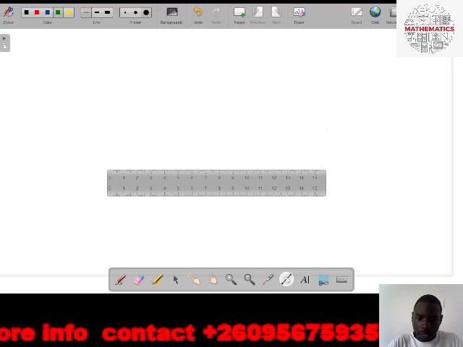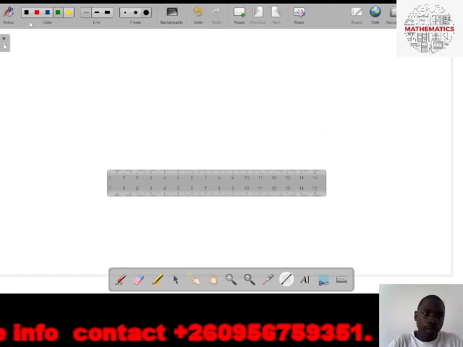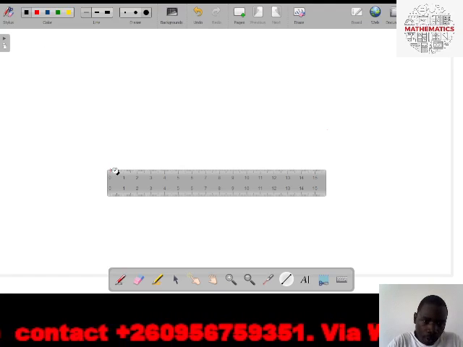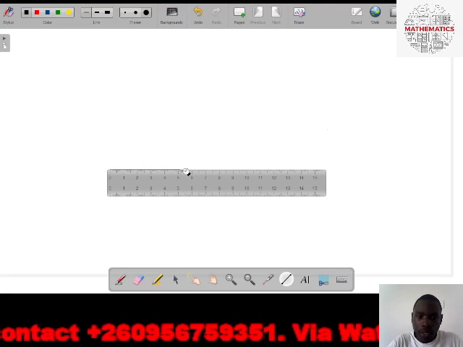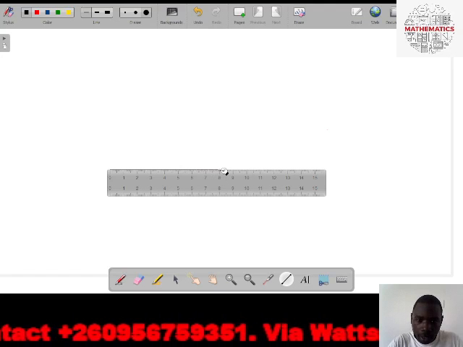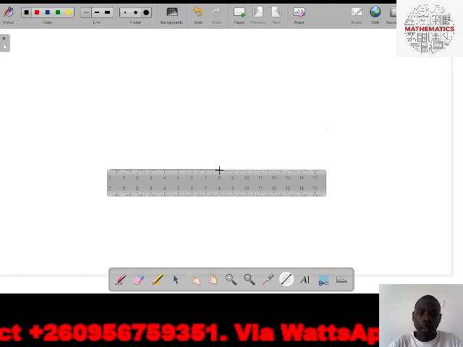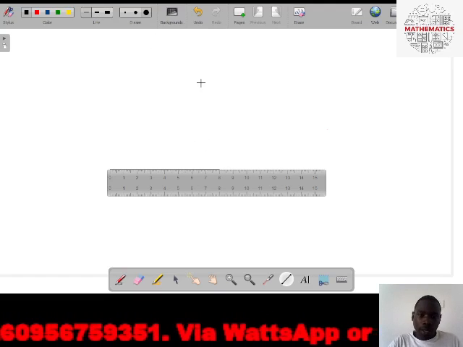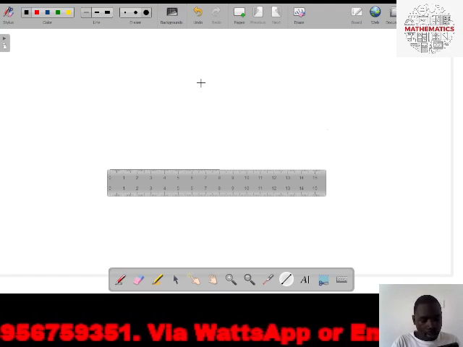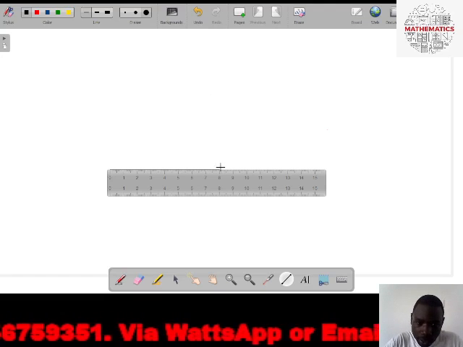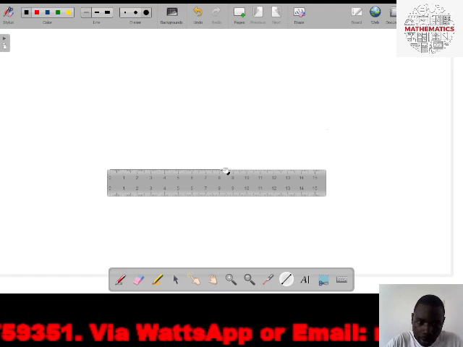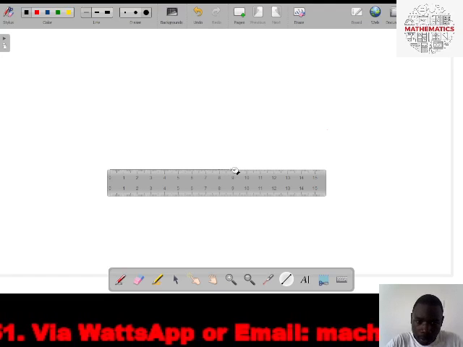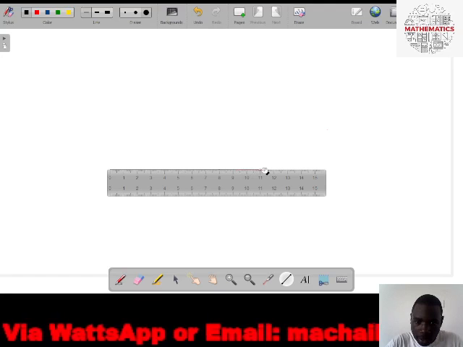So I have 8 centimeters, meaning starting from 0 up to 8 centimeters there. You see there. Okay. But it is 11 centimeters, so we need to extend it a bit to 11 centimeters.